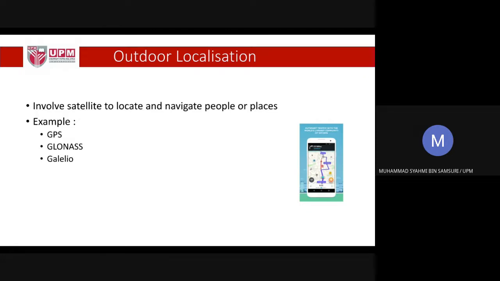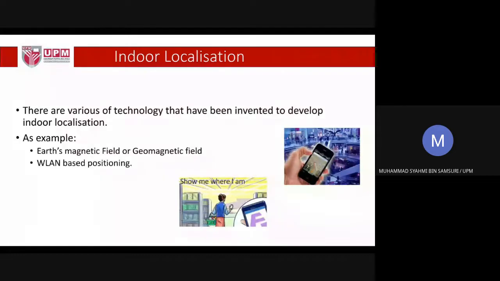The GPS satellite transmits information about the user's location and position, and the signal is transmitted to the GPS receiver, which is the user's mobile phone or navigation device. But outdoor localization gives bad results indoors, so we cannot use satellites for positioning inside a building.